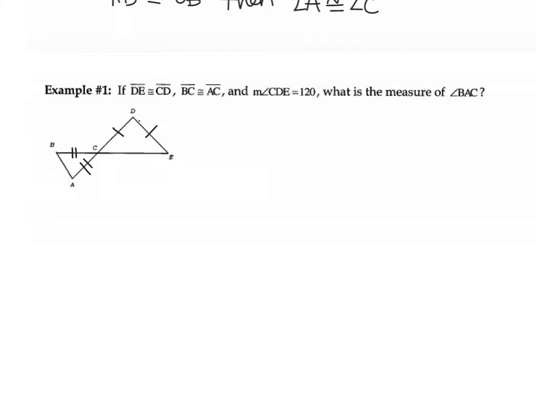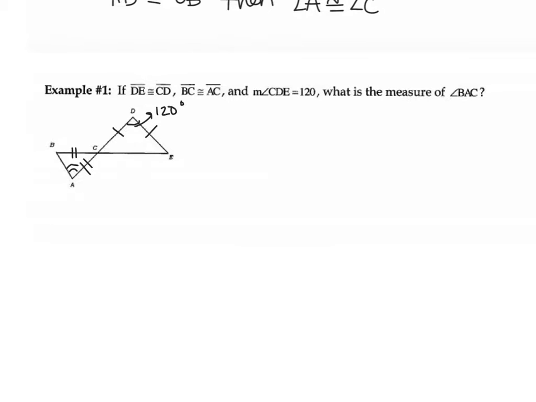And then we know our angle CDE is 120 degrees. And then angle BAC is in our second triangle, so we want to find that angle. First we want to find the two missing angles in our triangle CDE, since we're given one of the angles.